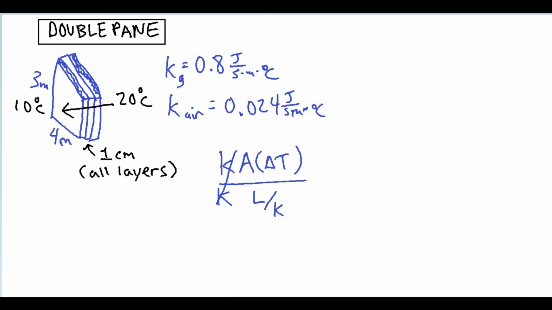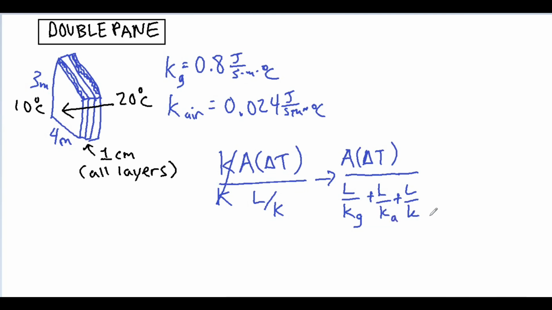And then from there, to incorporate all three layers, we're going to take the area times the delta T, and then incorporate the L over K for each of the layers involved in the problem. Now, the L value is going to be pretty consistent. We have the outer layer of glass, the inner layer of air, and the next outer layer of glass as well.